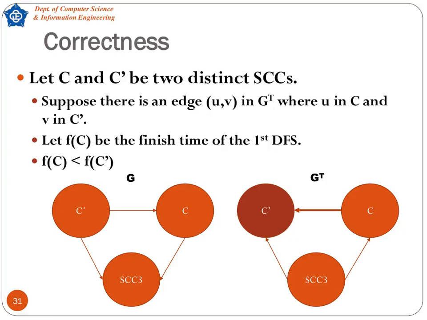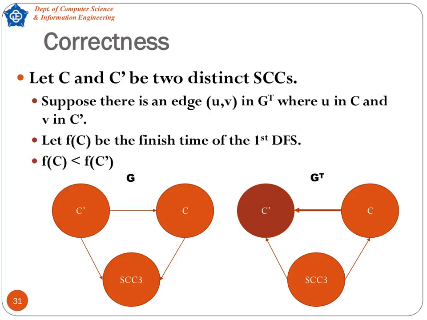On the left you see the original graph G with three SCCs, C, C', and a third component. Notice the arrows pointing from C into C', and from both of these into the third SCC. On the right is the transpose G^T, where every arrow is flipped. Now there's an arrow from C' into C, and arrows from the third SCC back into both C and C'.